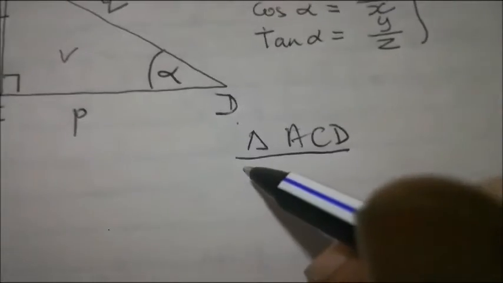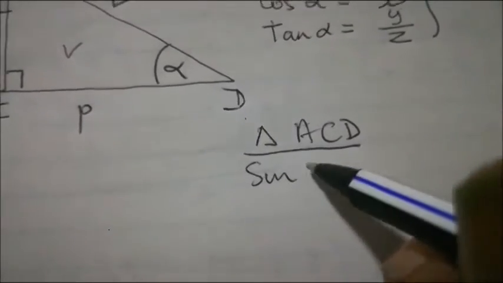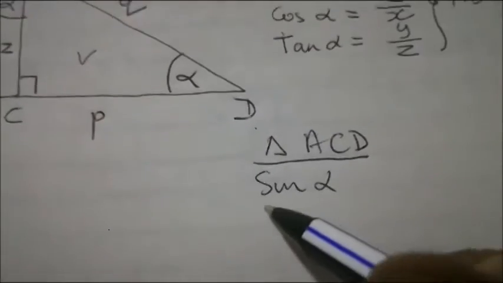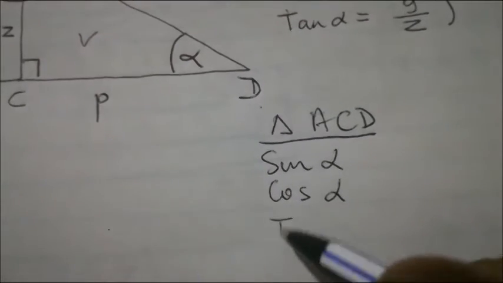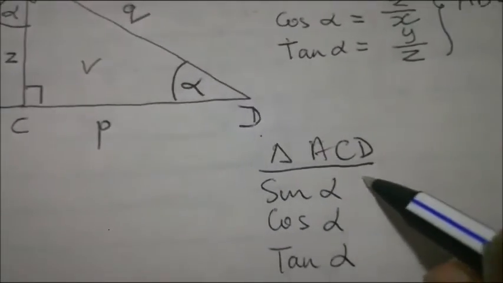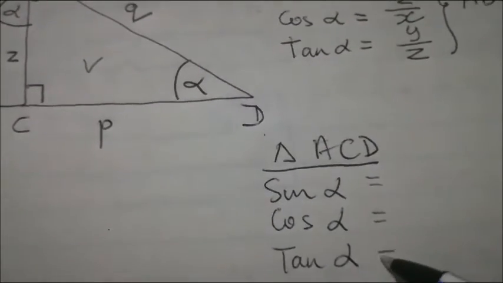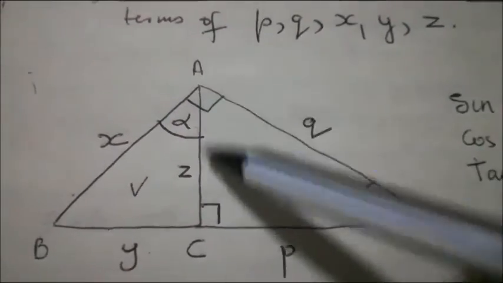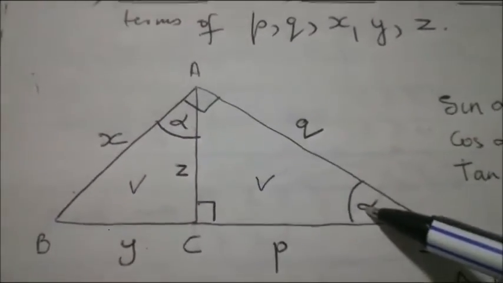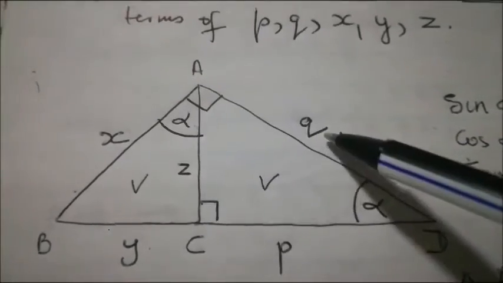We're going to work with sine alpha, cosine alpha, and tan alpha are going to be equal to what? Let's work with the sine first. You remember that sine for this smaller triangle? Sine is opposite over hypotenuse.